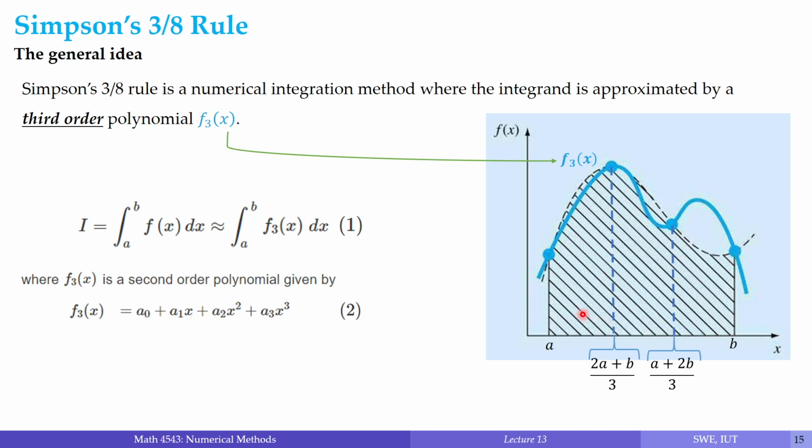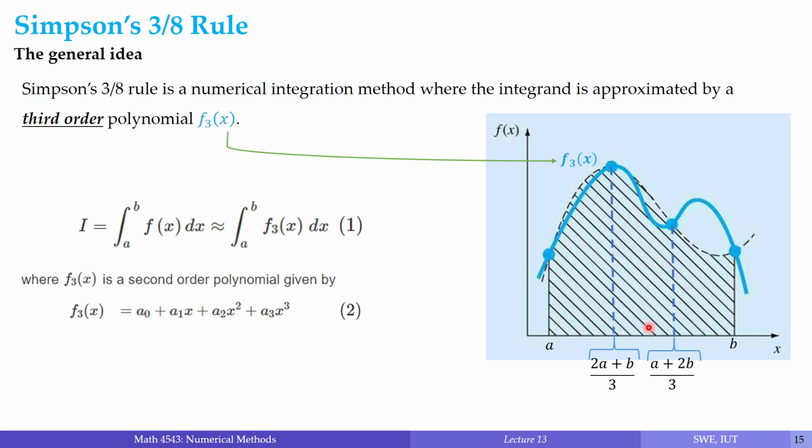We know from when we learned about interpolation and root finding algorithms that in order to come up with an nth order polynomial, we needed n plus 1 data points. So in order to come up with a third order polynomial, we need 4 data points, and the 4 data points need to be equidistant, which means they need to be equally spaced.